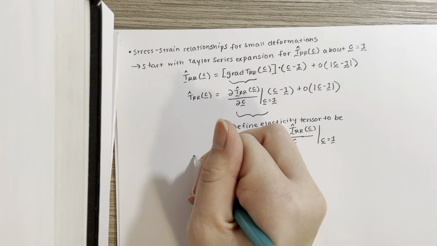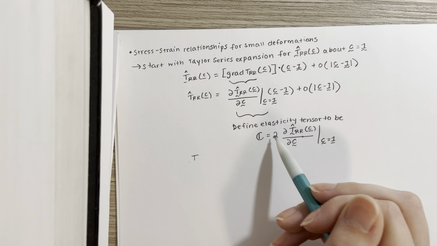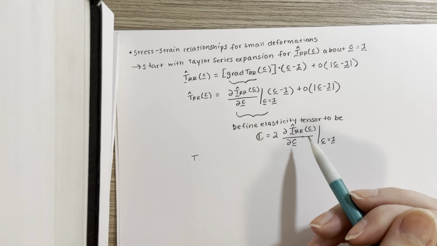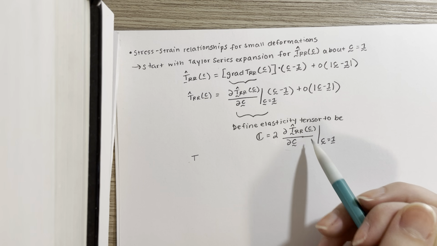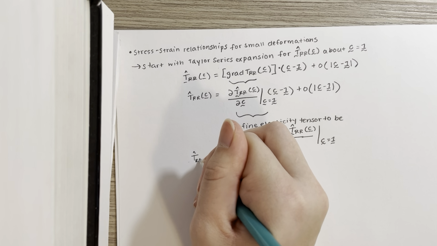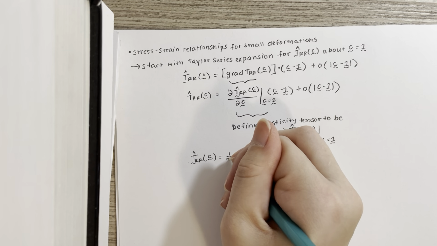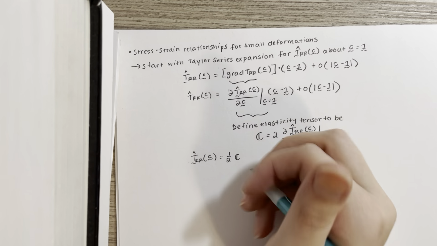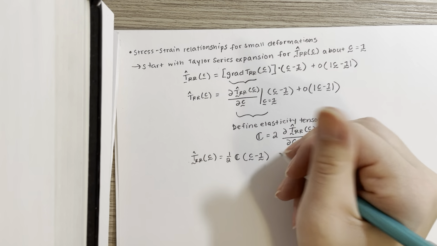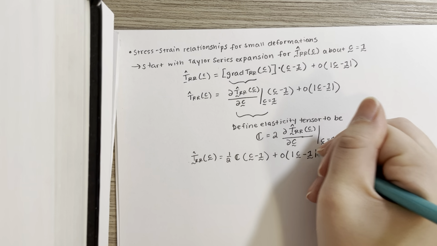But for now, since we defined our elasticity tensor to be 2 times the derivative of the second Piola-Kirchhoff tensor with respect to C, we can now rewrite our Taylor series expansion as 1/2 C times C minus the identity tensor plus 0 plus some higher order terms.